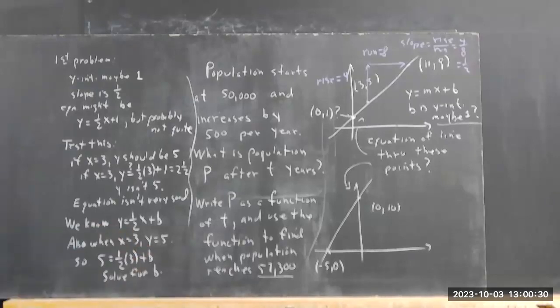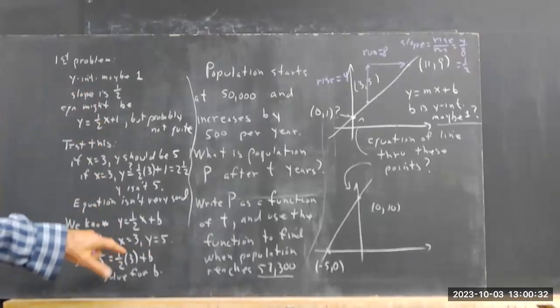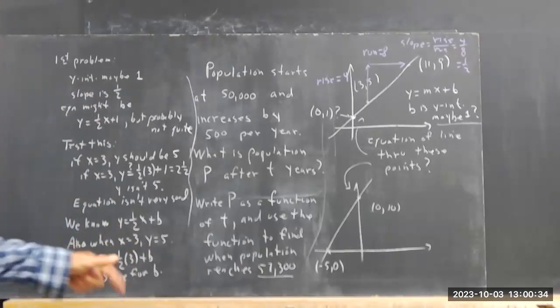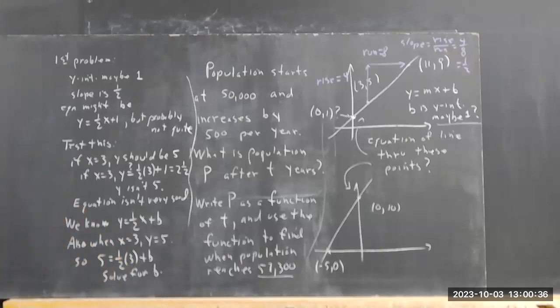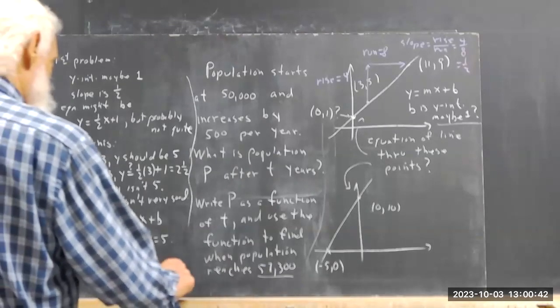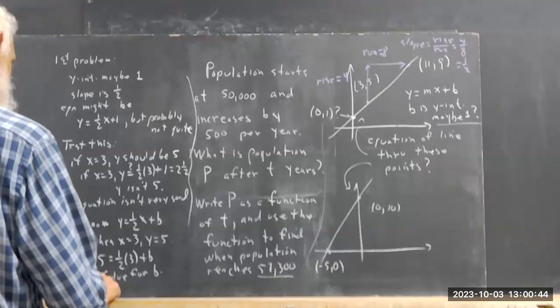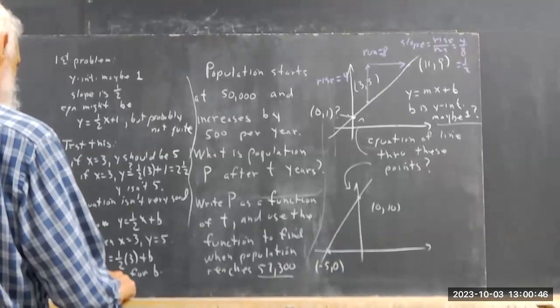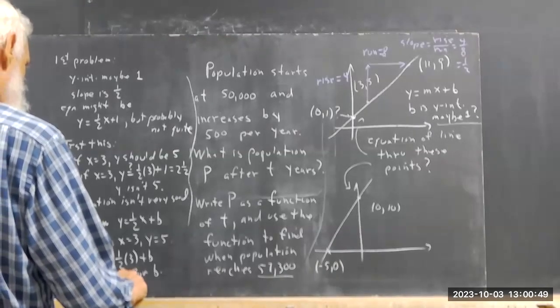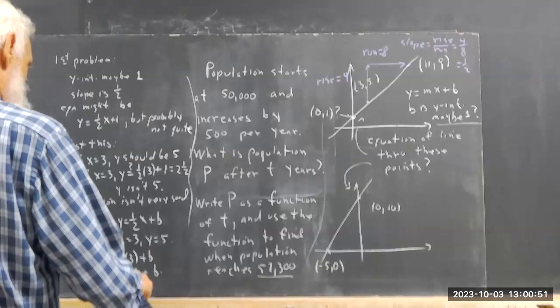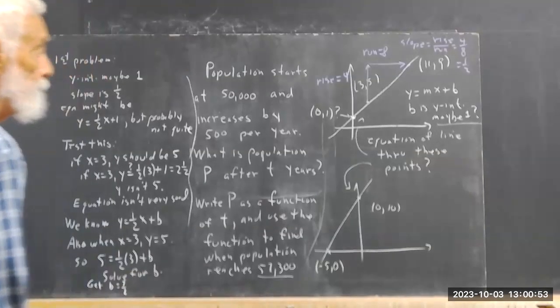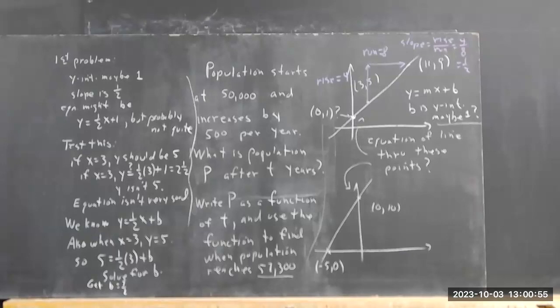I'd multiply 3 by 2 to get rid of the fraction, but you could do 1/2 of 3, which is 3/2. Subtract that from 5, okay? And you get 3.5, okay, which is 7/2. And that's 3.5.